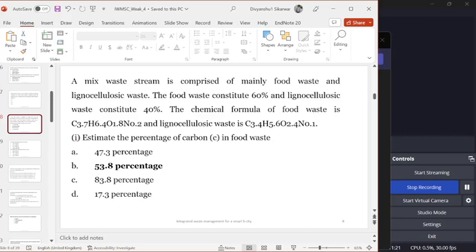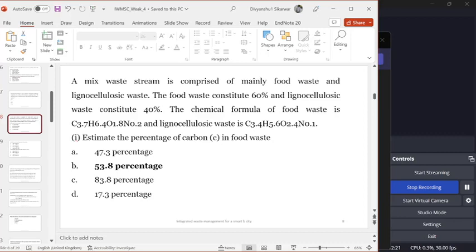Carbon percentage is coming 47.33%. For hydrogen, it will be 6.49%.